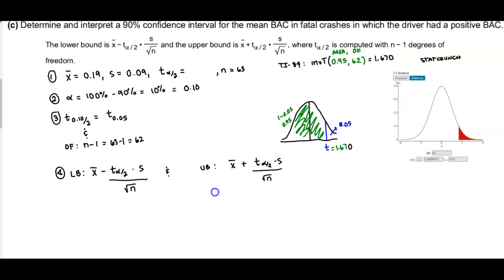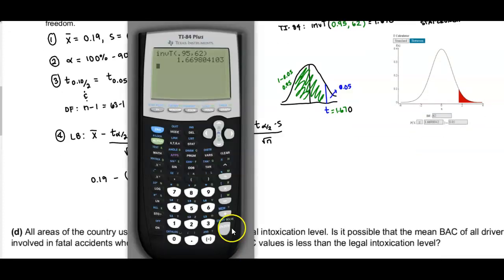So here we're going to have the sample mean, which is 0.19, minus the critical value, which we have is 1.670, times the sample standard deviation of 0.09, and then we're going to divide that by the square root of the sample size, which is 63. So let's go ahead and do this on our calculator.